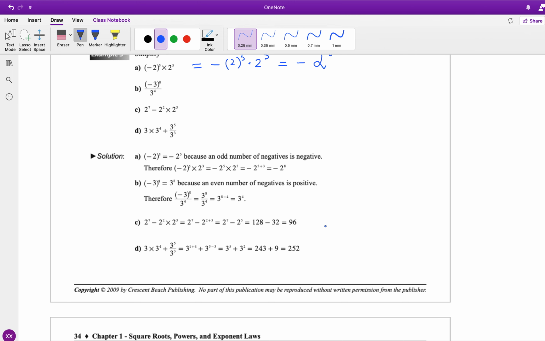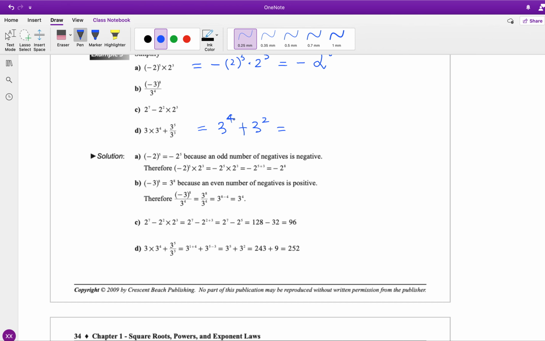Okay. Now, for these other ones, you will do the multiplication first. So that is 3 to the power of 4, plus 3 to the power of 2, because of 5 subtract 3. Well, in this case, there's no rule to multiply anymore. Oh, by the way, I made a mistake.